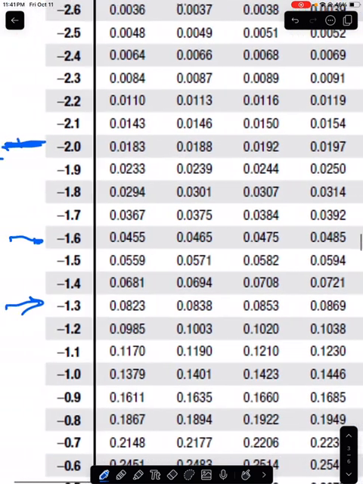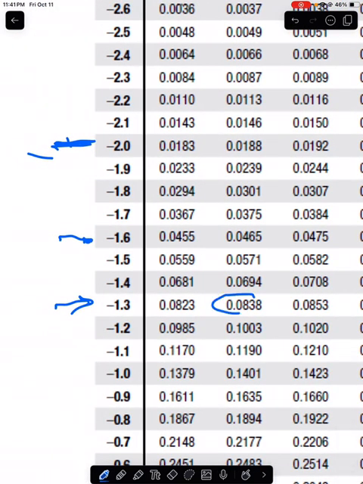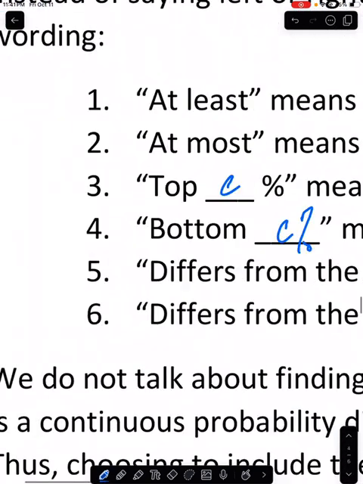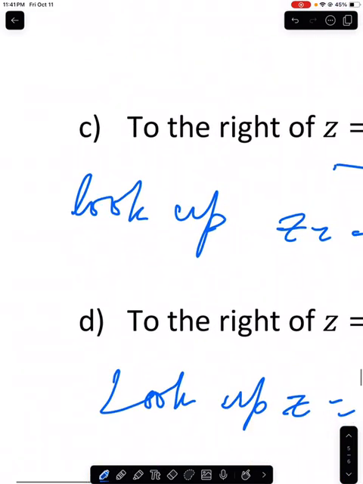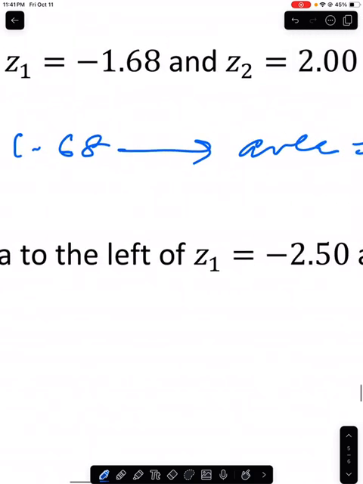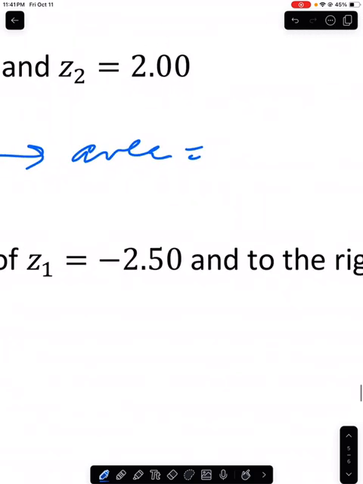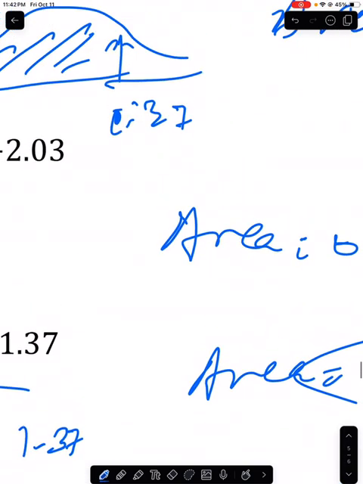So we take this value and we write it here. So what was it? 0.0838.